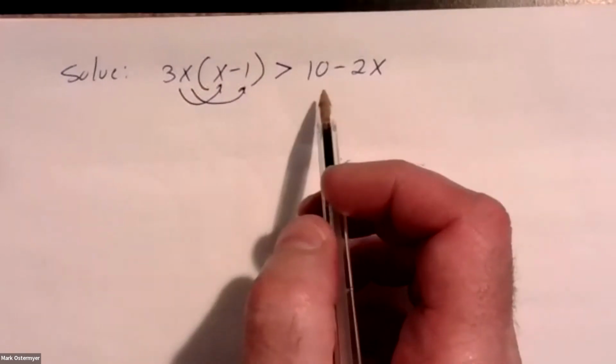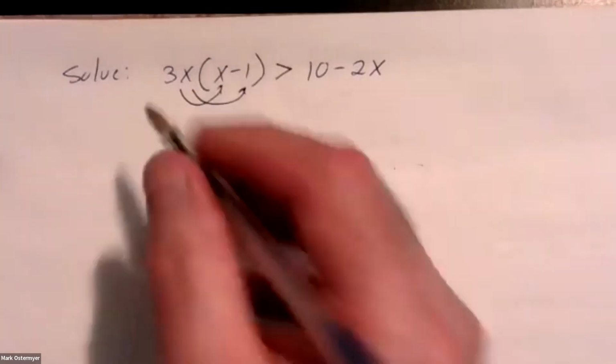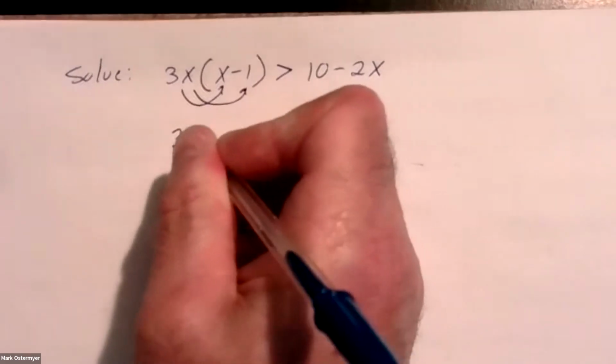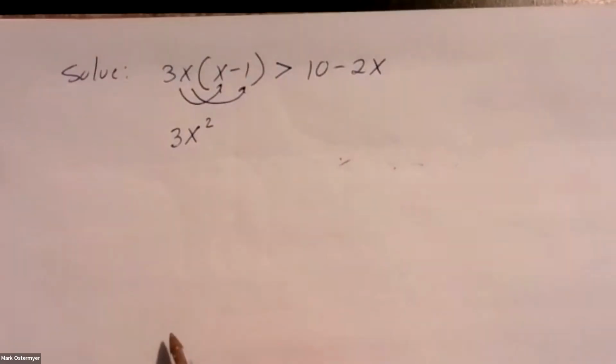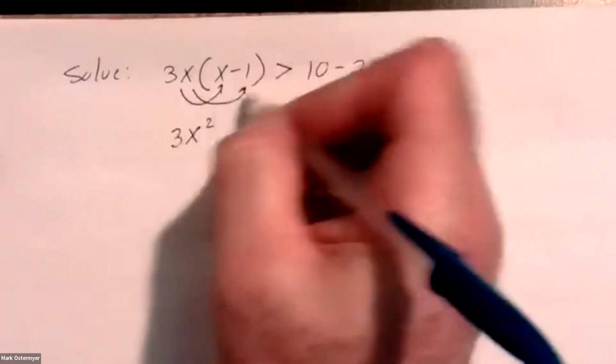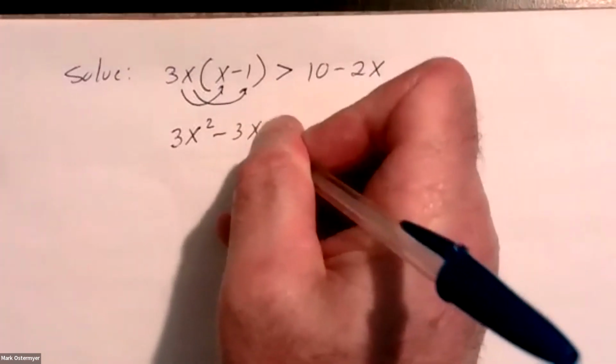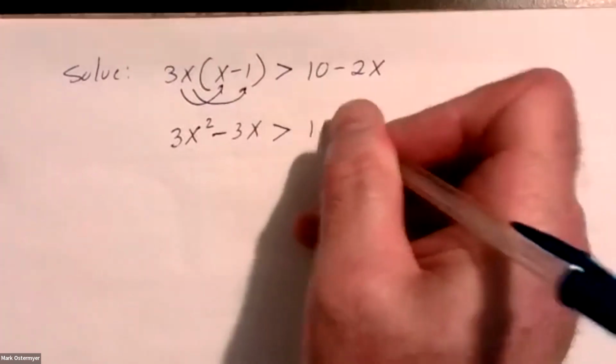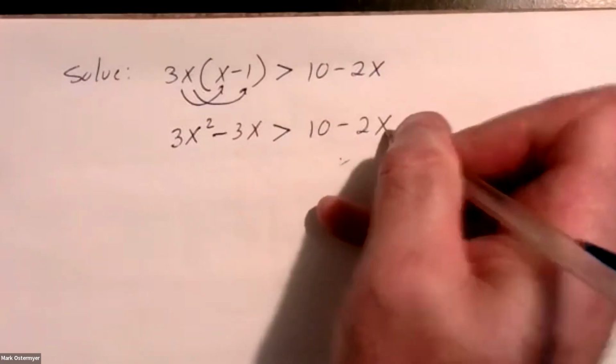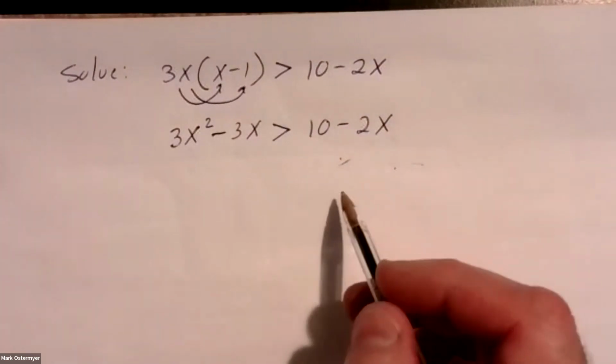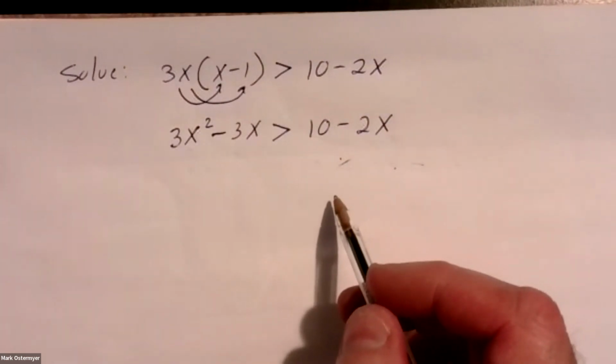But this is not a linear inequality, because 3x times x is going to generate a quadratic or second degree term. So this is a quadratic inequality. 3x times negative 1 is minus 3x. 10 minus 2x.